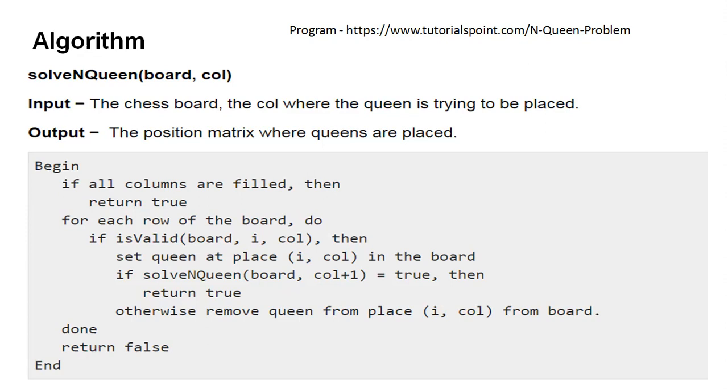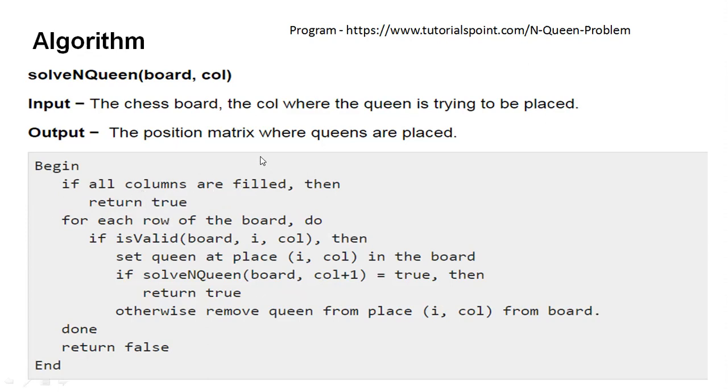Once all the columns are filled, it means all the 8 queens are utilized on the board in such a way that no two queens are attacking each other. That time we found a solution, right? So that's why return a true, because we found a solution.